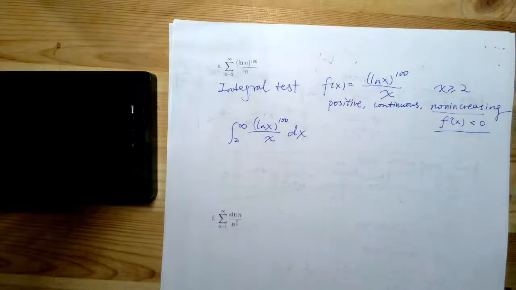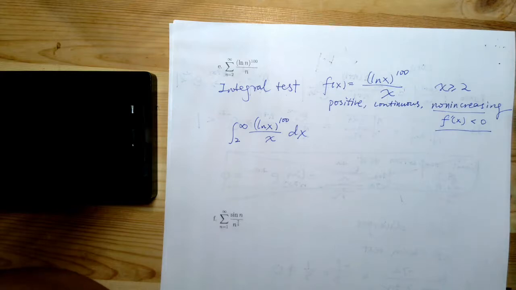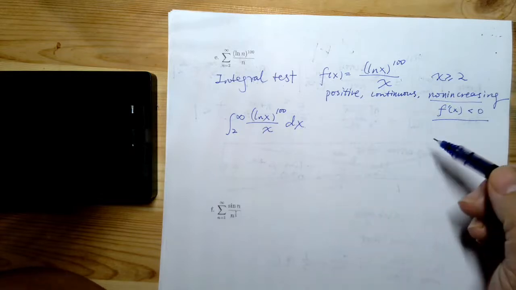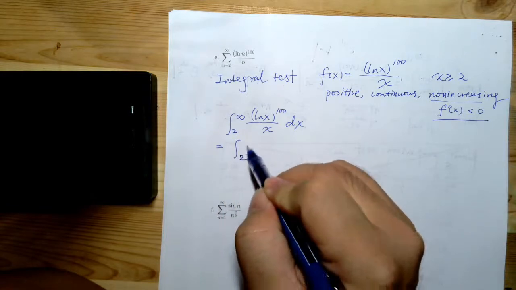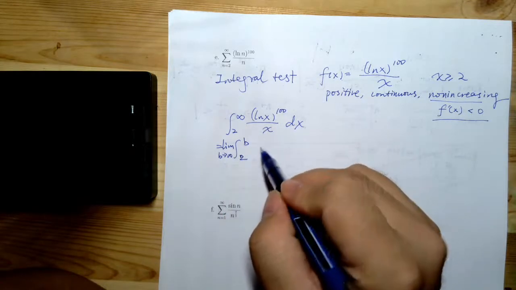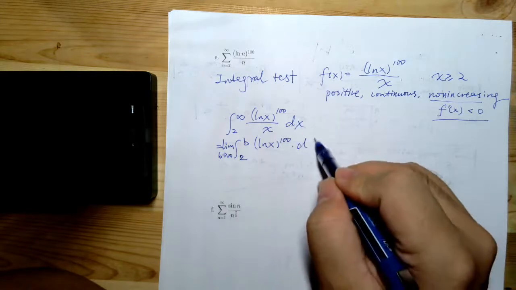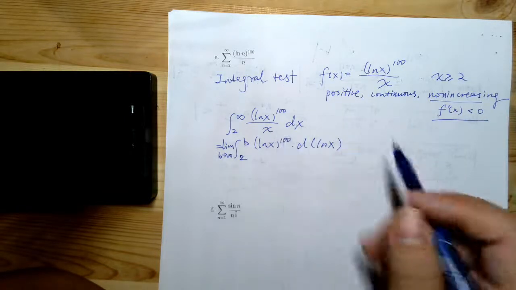Okay. So to evaluate this integral, we can make a substitution, but it turns out that this problem is not that challenging. So from 2 to b, this is an improper integral. (ln x)^100 times d of ln x, right? Because the derivative of ln x actually is 1 over x.